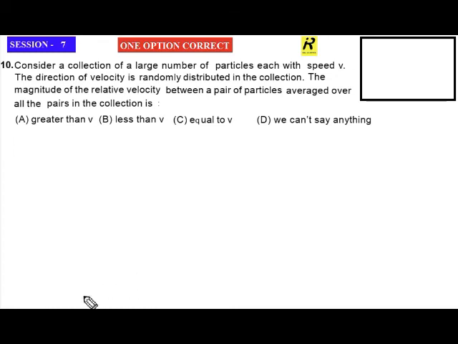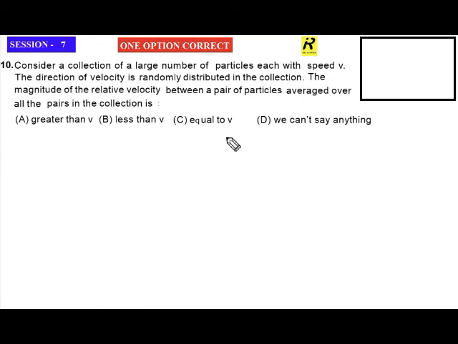So now the magnitude of the relative velocity, remember this is not the average, this is only the magnitude of the instantaneous relative velocity between the two particles, is finally 2 times V sine theta by 2. This much I got from these conventions.